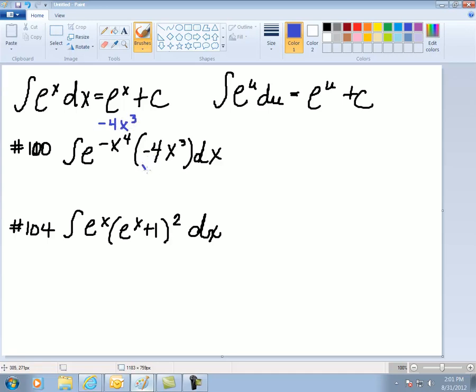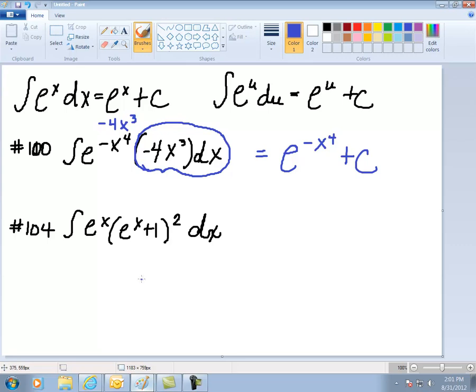And look, right here in parentheses I can group that with the dx, and that is my derivative. So keeping in mind that the integral of e to the u is just e to the u, since I have the derivative, the integral of e to the minus x to the fourth is just simply going to be e to the minus x to the fourth, and then add my constant.